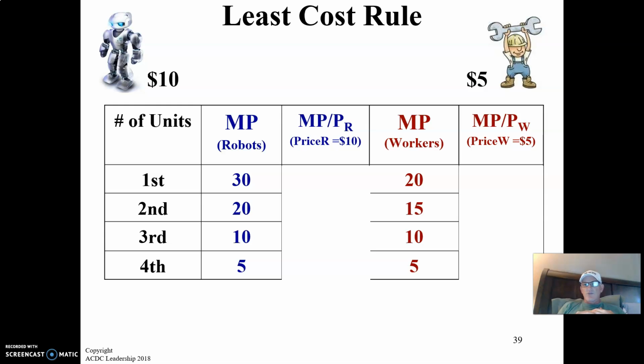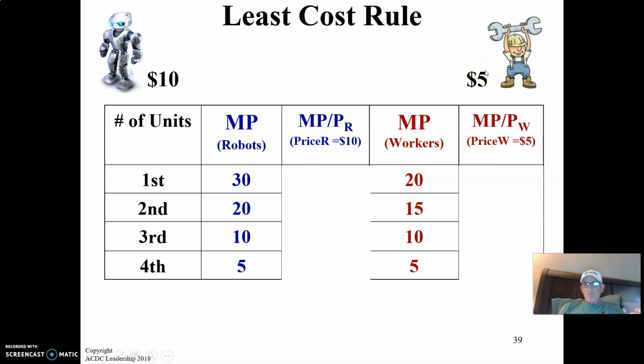The least cost rule is basically what it sounds like. We want to figure out which thing has the least cost, and then we're going to purchase that particular item. But if you take a look here, a robot costs $10, an employee costs $5.